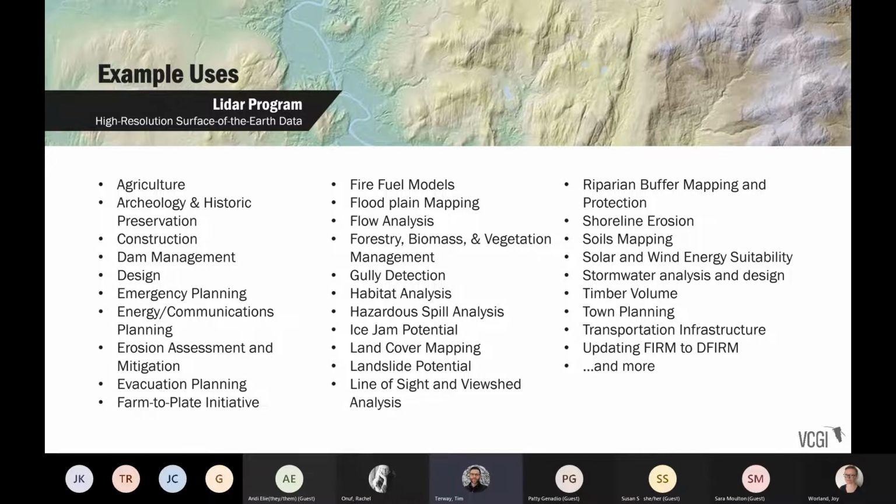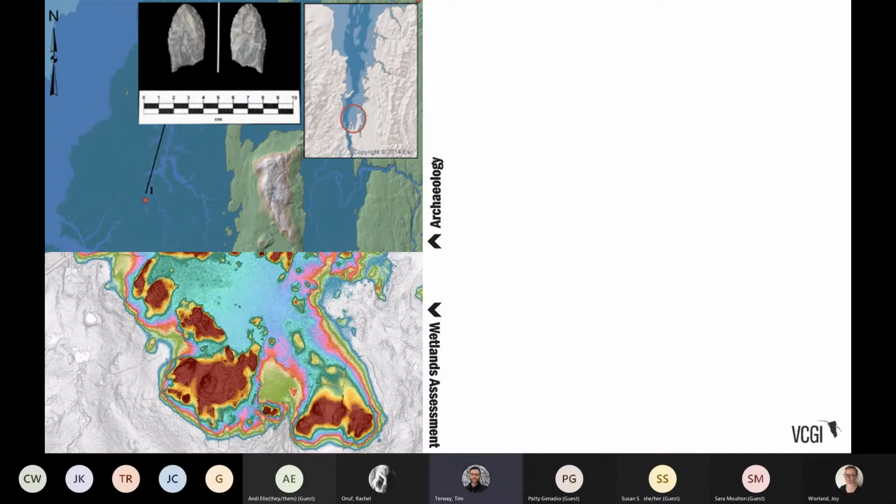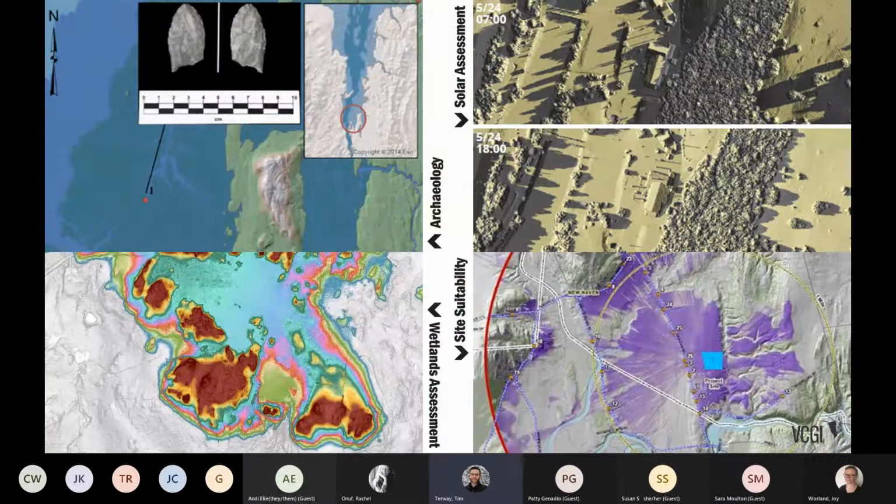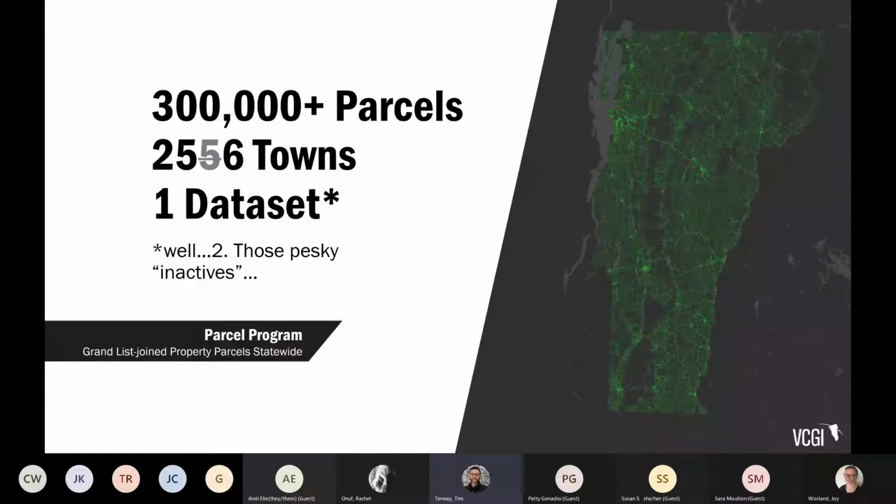And these are just some examples of uses that are based on this information. Archaeology, wetlands, assessing solar exposures for renewable energy development, to understanding visibility and site suitability, just some of the common large scale ones that are done with Vermont data.